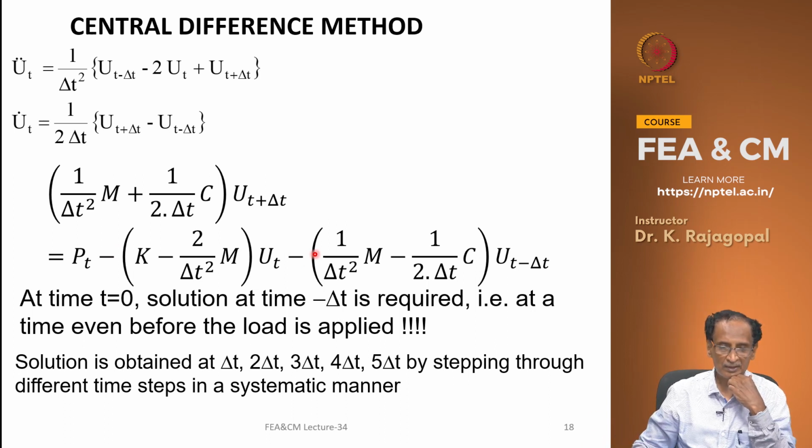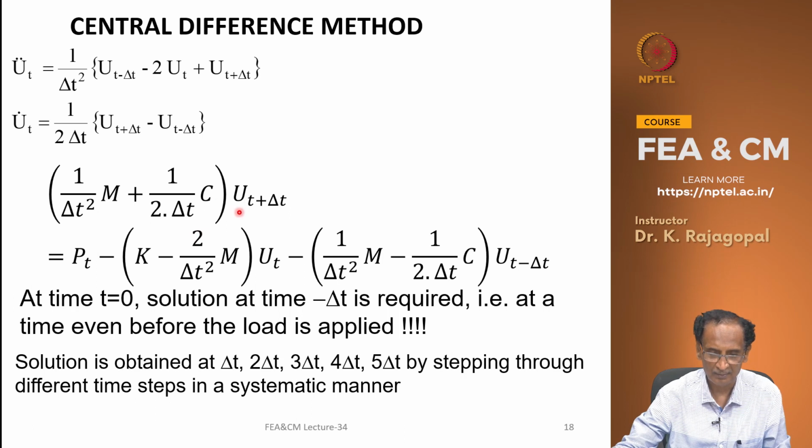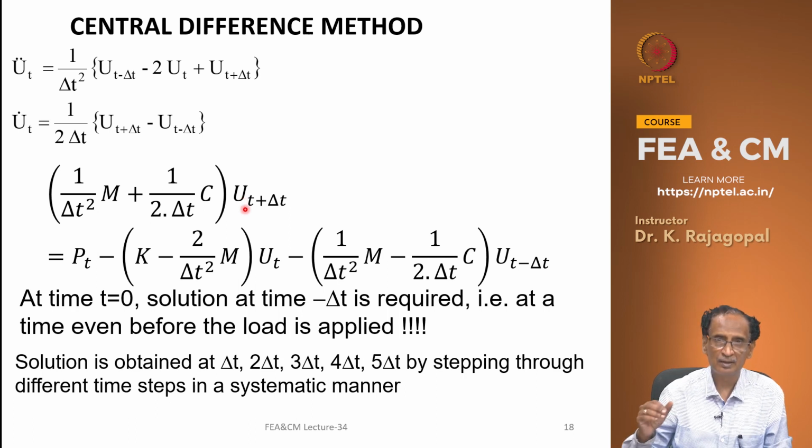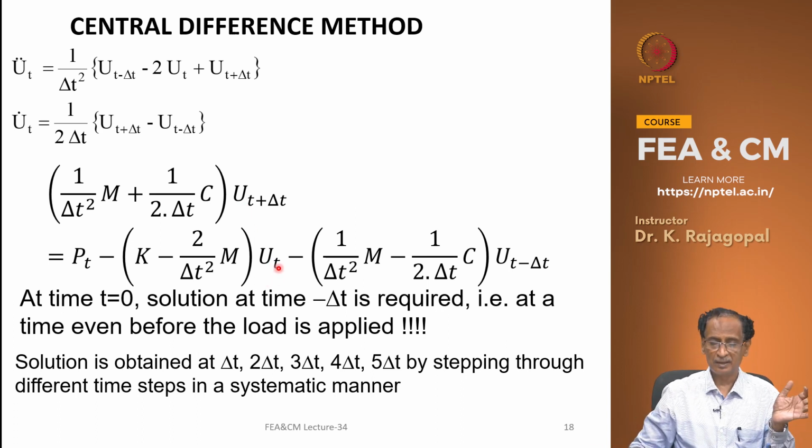But let us say we are interested in first knowing the response at time t equal to 0. So if you substitute t equal to 0, that is the response at delta t, we have this u naught, that is our initial conditions.